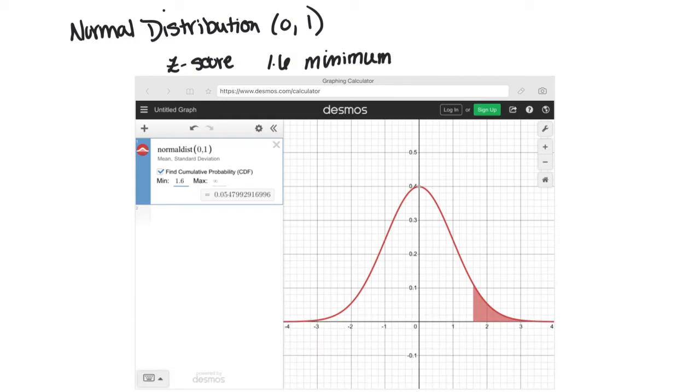That minimum value is going to give you the proportion of shaded area under the curve, which is going to be significant in testing against your level of significance. And so right now my sample data does fall at 0.0548, so I am going to round up.